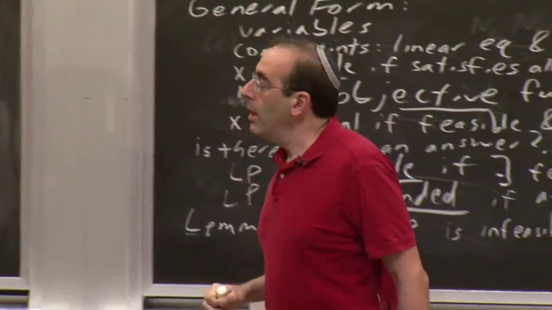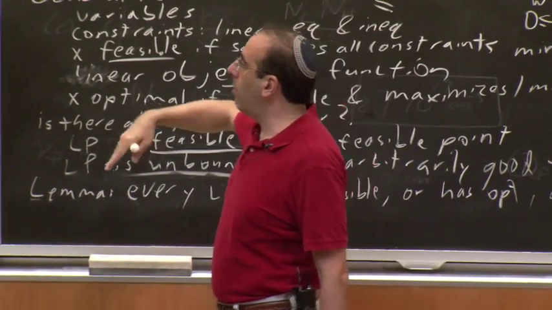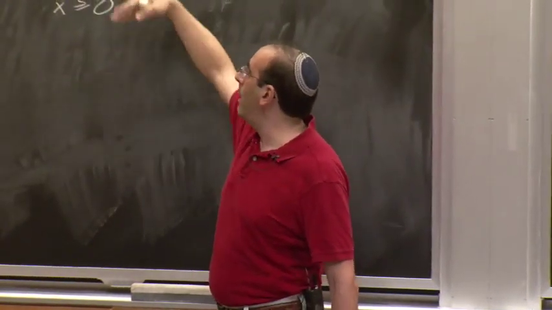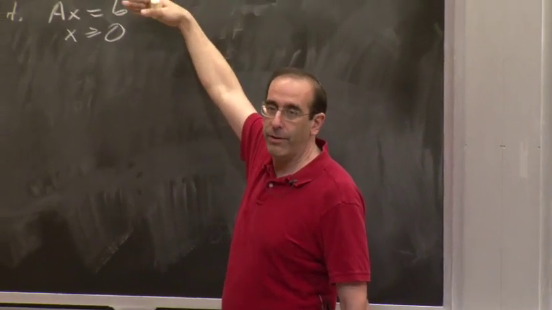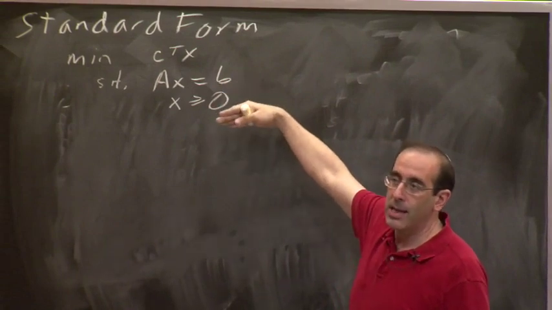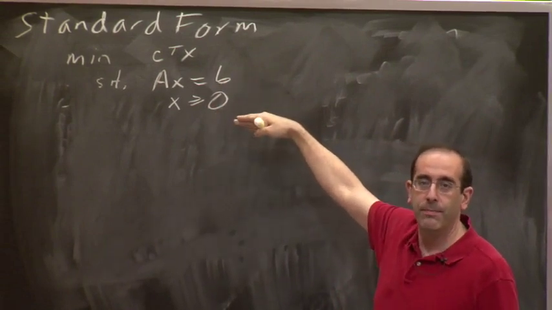Okay? So this takes all of the constraints and turns them into equality constraints. Somehow it gets by just requiring x itself to have non-negative coordinates.